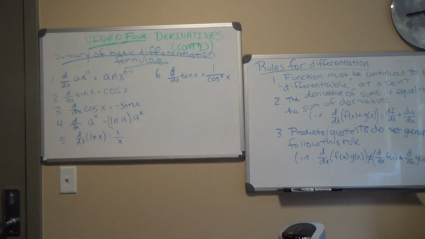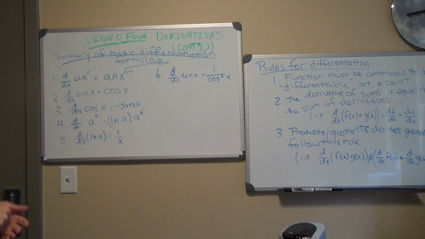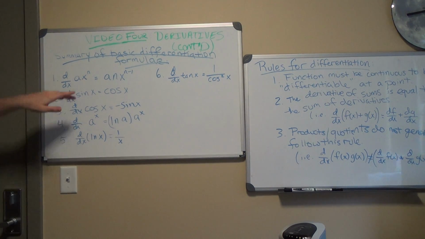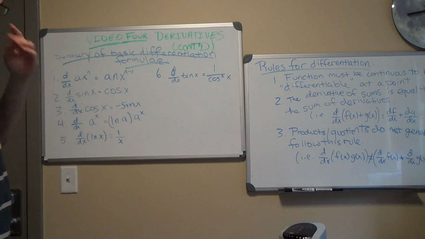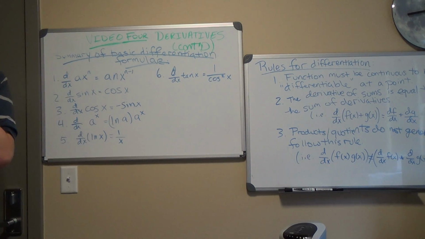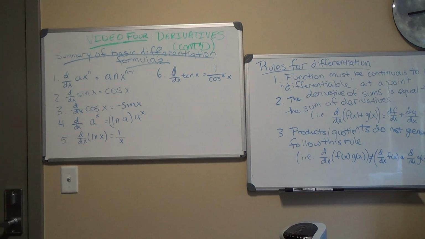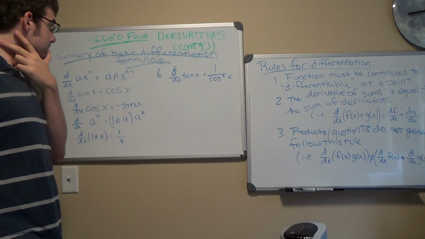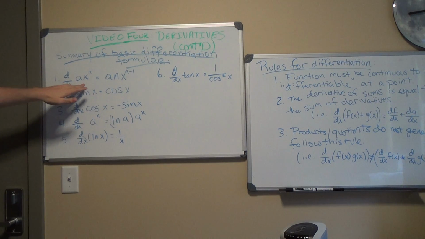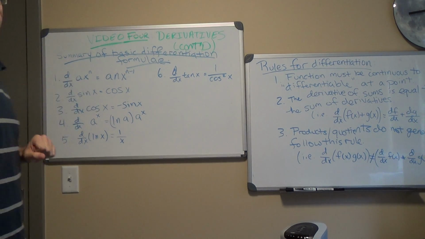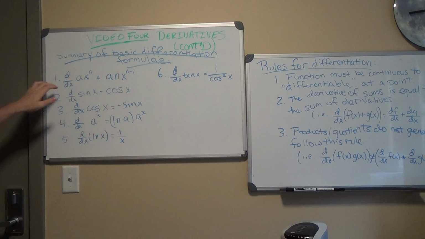So just really quickly, talking about the summary of basic differentiation formulae. The first is the one that we proved in the previous video. A times x to the n.